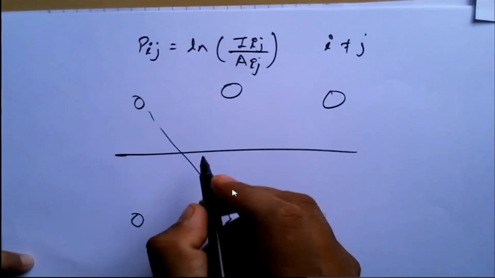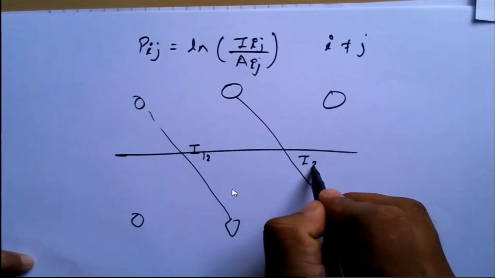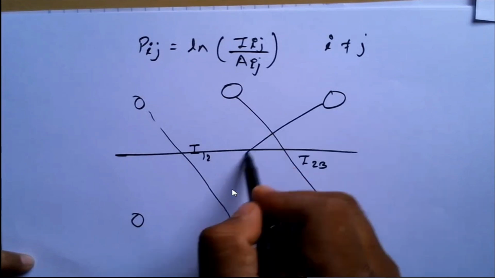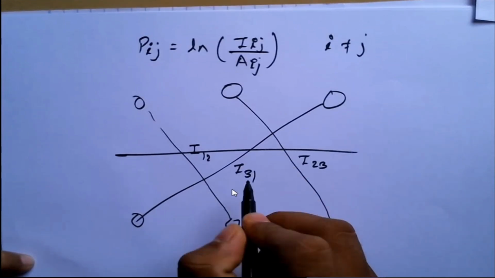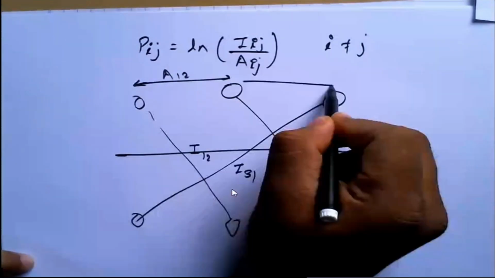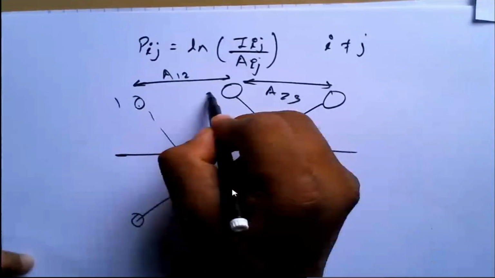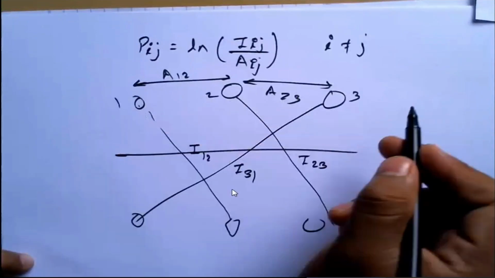This adjacent distance is I of 1,2. Similarly, this is I of 2,3. Same way, this is I of 3,1. This distance of separation is A1,2. Similarly, from 2 and 3 it is A2,3, and from 1 and 3 it is A1,3.